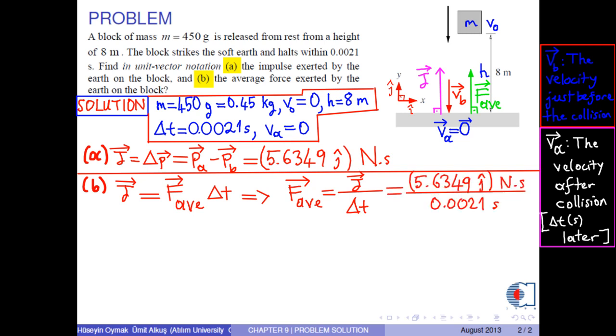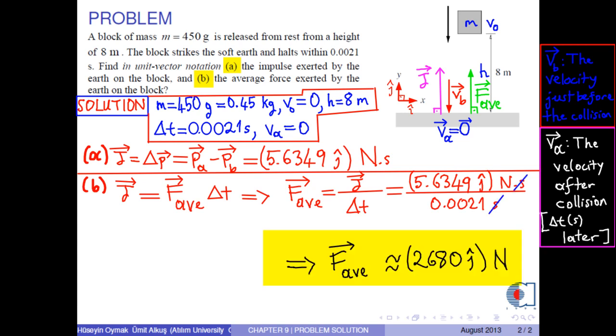Substitute the numerical values into this formula. Here the units of seconds cancel. Therefore, we obtain the average force exerted by the earth on the block as approximately 2680 j newtons. As you see, the direction is from the earth to the block.